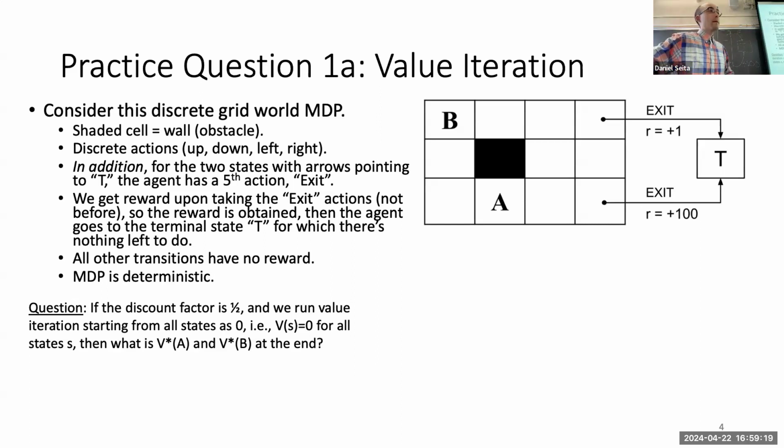Oh yeah, question? Are we giving it a test? Yeah, what do you think? For B star, would it be take a step and then take another step, so it's discounted by 1/2 squared of 100, so like 25. A or B?